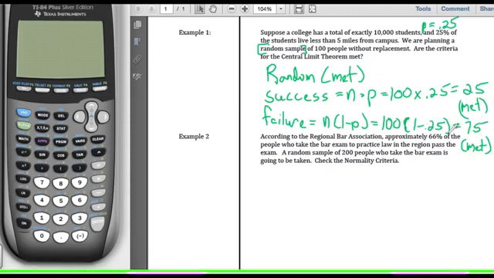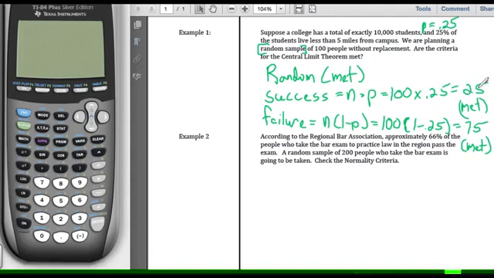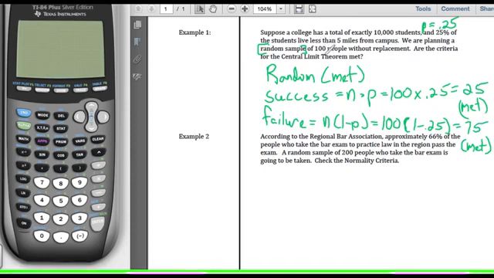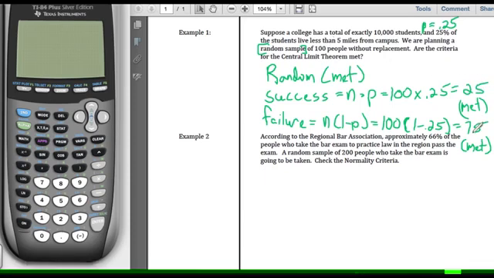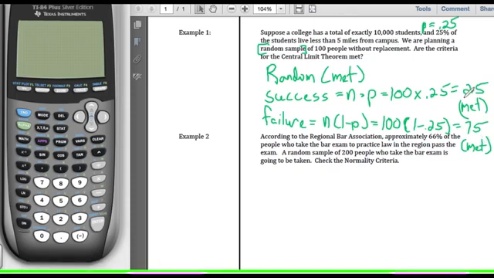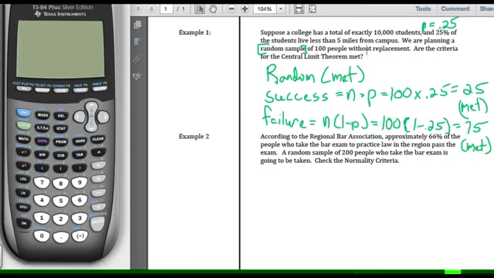And I didn't type this into the calculator because I know a little shortcut. I know that my success number and my failure number always add to be the sample size. So since my sample size was 100, since this was 25, this had to be 75 because 25 plus 75 is 100. So I could answer the question, are the criteria for the central limit theorem met?